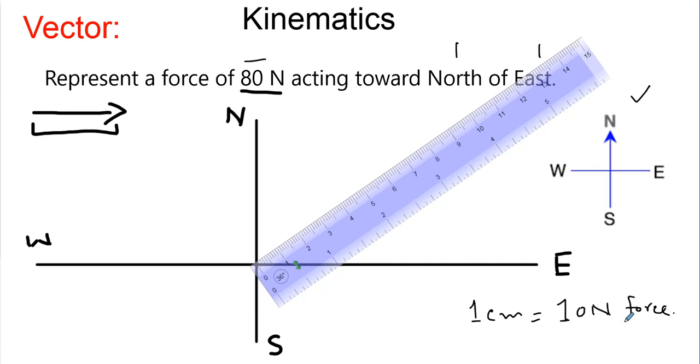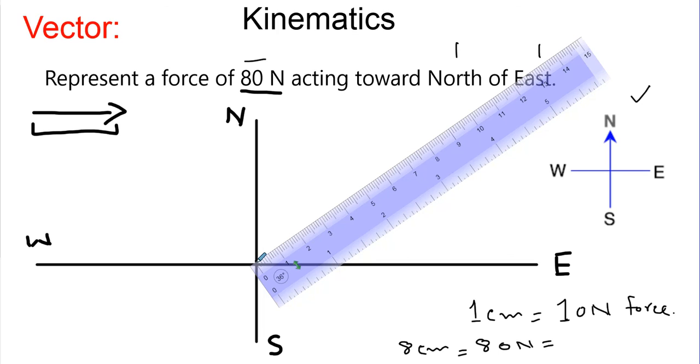Now it's easy, right? Every 1 centimeter length will represent 10 Newton force. So according to this scale, 80 Newton force will be equal to 8 centimeters in total. Now I know how long the line must be.